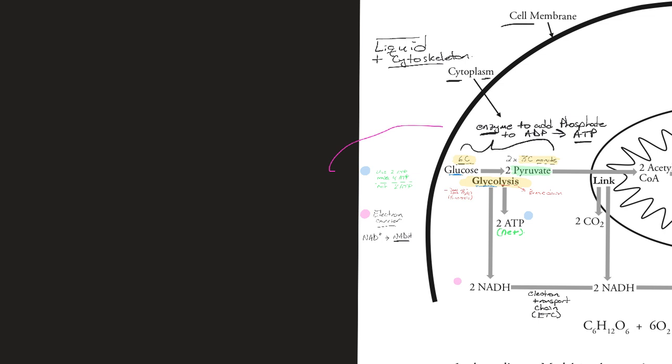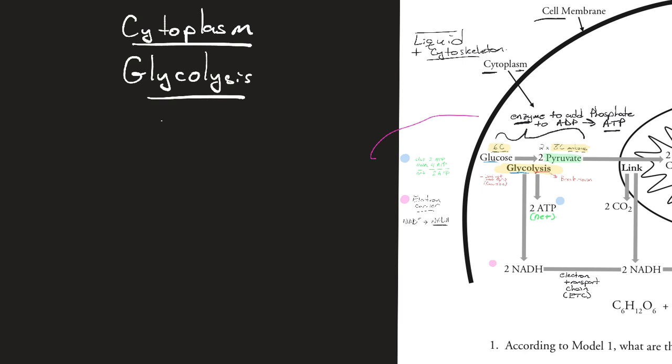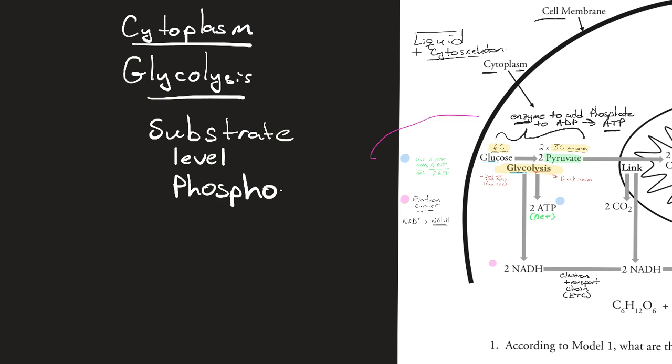Glycolysis, that's happening in the cytoplasm, that's not using oxygen, is doing substrate level phosphorylation.